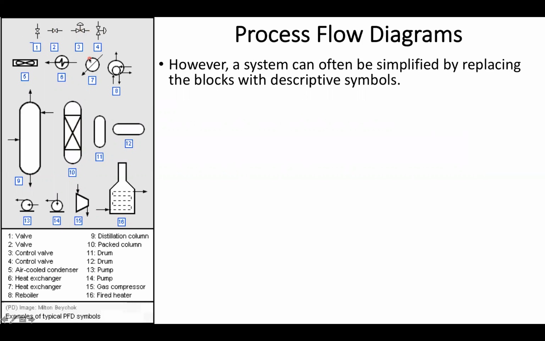One of the ones you're going to run into fairly commonly is going to be this more jagged symbol, which is a classic example of a heat exchanger. So this is one of the more common symbols, but there are often several other ones you can use. And another one that is always a good favorite is columns.